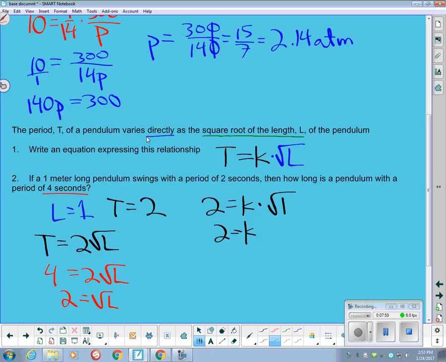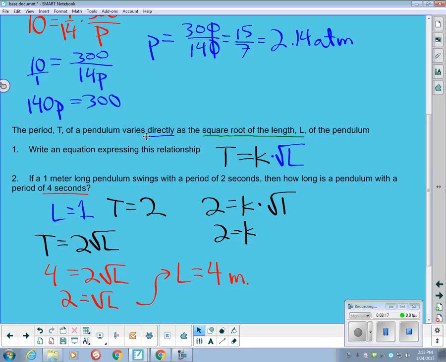And if we square both sides, we find that the length of this pendulum is 2 squared, which is 4. And our measurements were in meters, so we've got a 4 meter long pendulum.